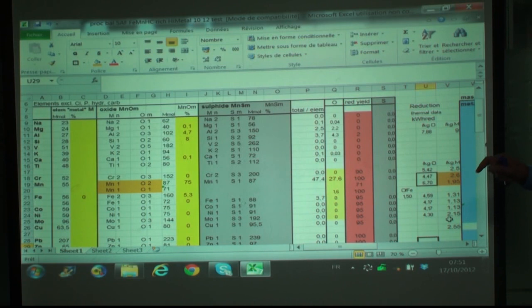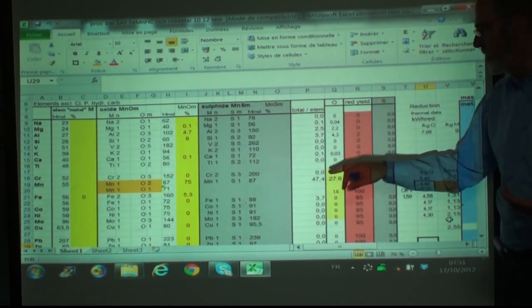And you see, again, for chromium and manganese, the values are a bit different, but if you take the medium between these two, it's about the same. For Mn, it is two values, from MnO2 to MnO and from MnO to Mn. If you take the medium value, it's about the same as for chromium.